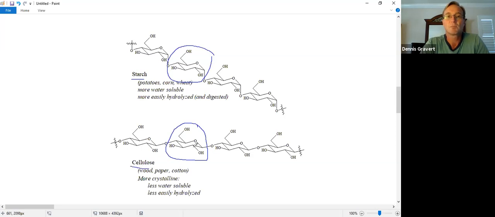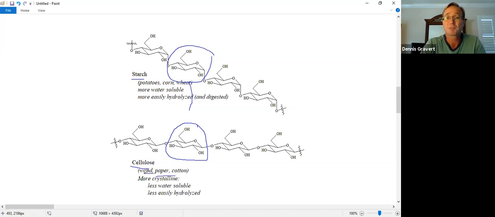Turns out this repeating unit is glucose. That's blood sugar. And if you connect blood sugar end to end in this fashion, you make starch, which is a great food source. It's found in potatoes, corn, and wheat. It's not that water soluble, but much more water soluble than cellulose, which is also made of blood sugar. Connecting blood sugar end to end this way makes for the material found in paper or cotton.